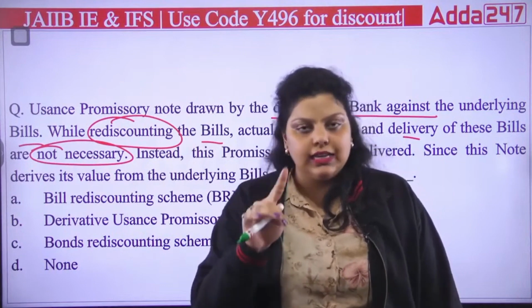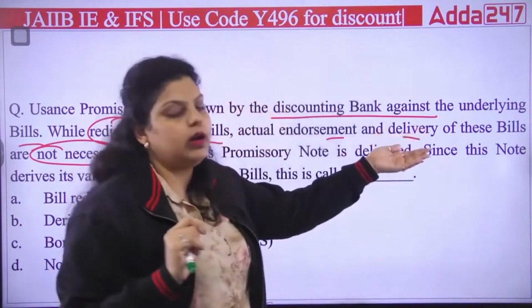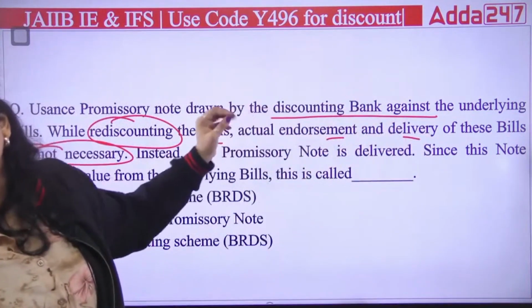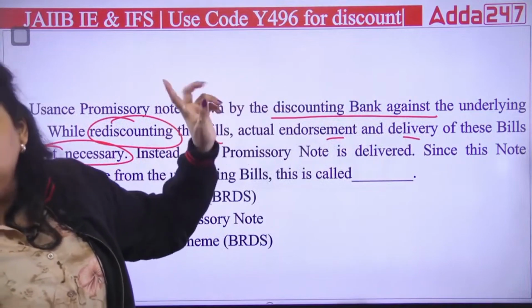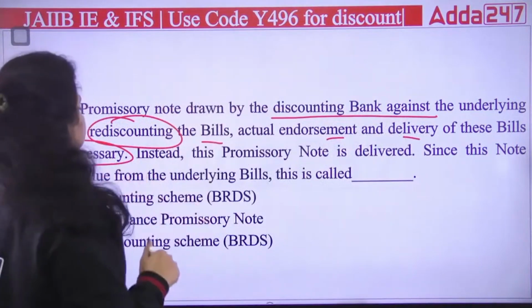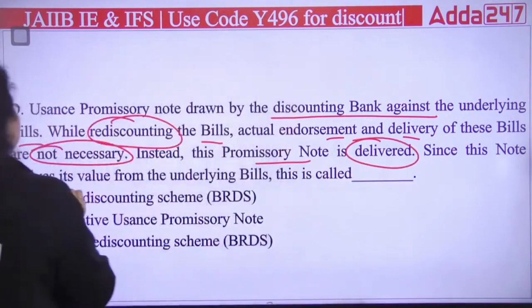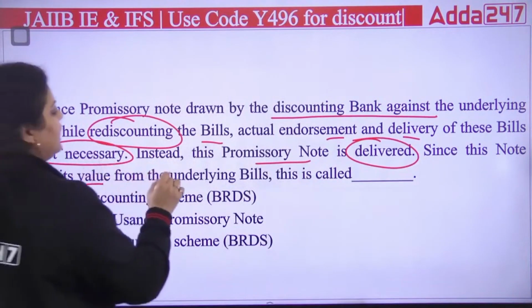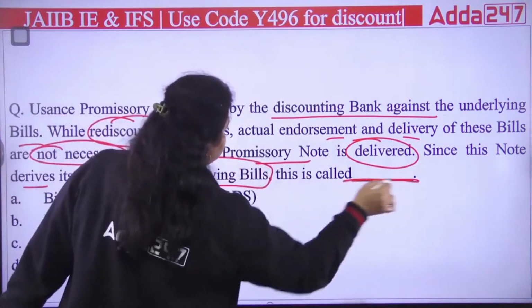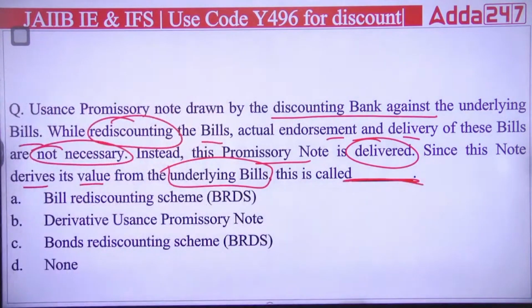In that situation, whatever bills you are giving as security, you do not have to endorse or transfer to the rediscounting bank. Instead, this promissory note is delivered. Since this note derives its value from the underlying bills, this is called dash. Which of the following is correct?